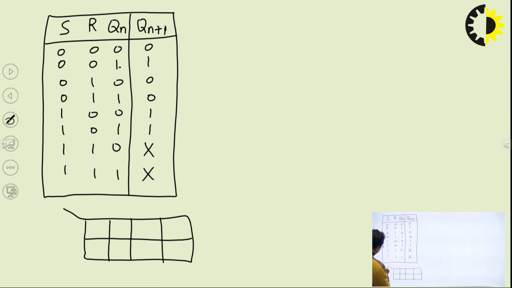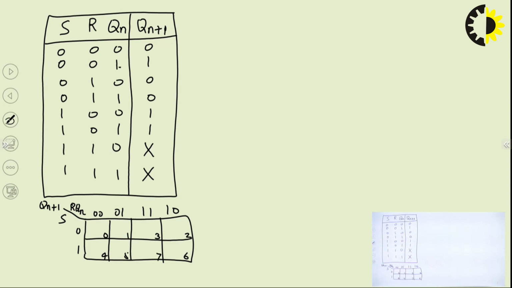Our output is Qn plus 1, and the inputs are S, R and Qn. So it will be 0 1, 0 0, 0 1, 1 0 and 1 1. Similarly, we will write the decimal equivalents 3, 4, 5, 6 and 7.